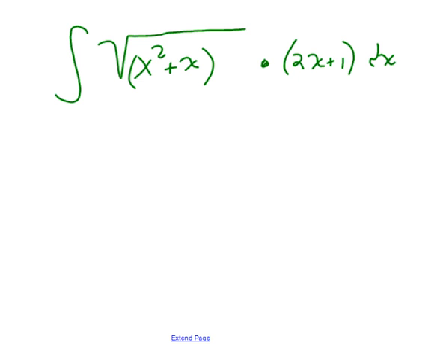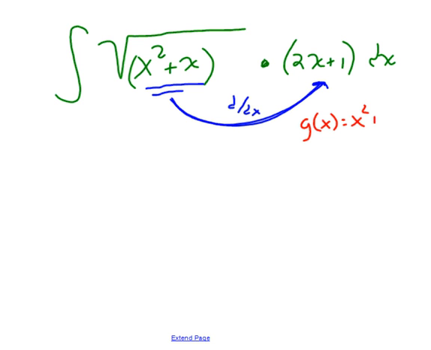What makes that easy to do is we say, this looks like it's inside the square root function. And in fact, its derivative is over here. The derivative of x squared plus x is 2x plus 1. So we can say, let g of x be x squared plus x. g prime of x is 2x plus 1.